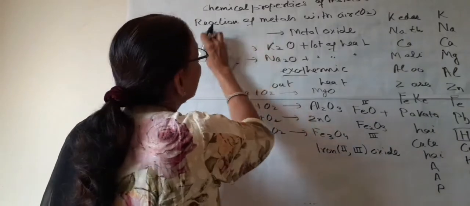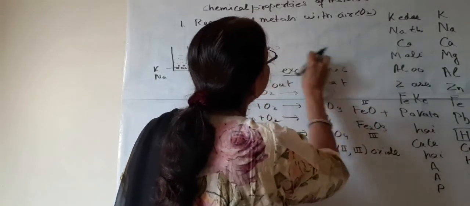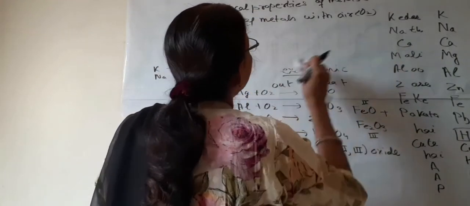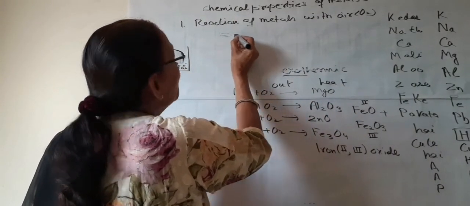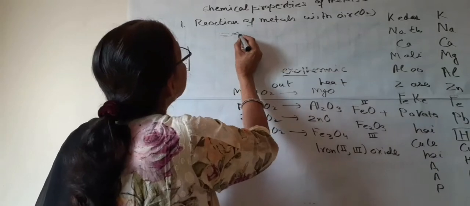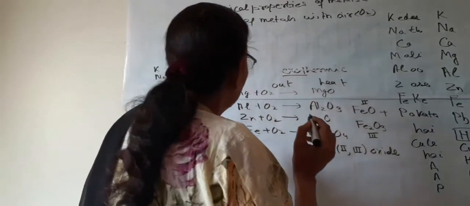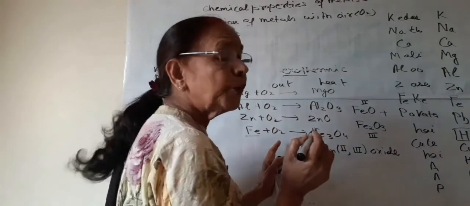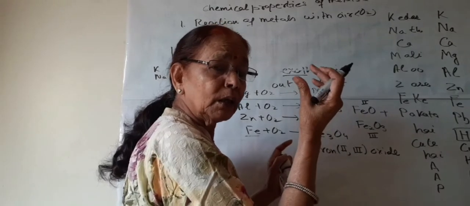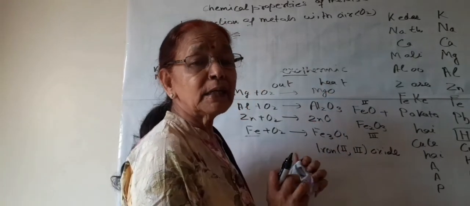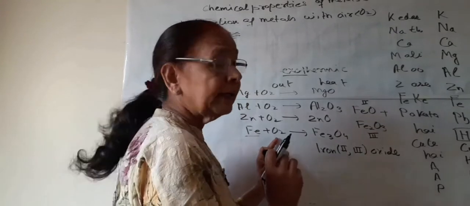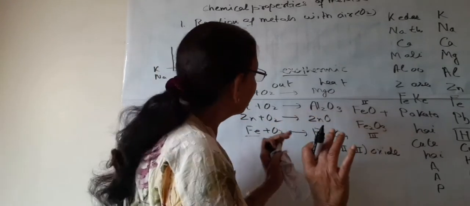Iron filings are small thin pieces of iron like these. When iron filings are put in oxygen on a burning Bunsen burner, then only this oxide is formed. Otherwise, iron does not react with oxygen.